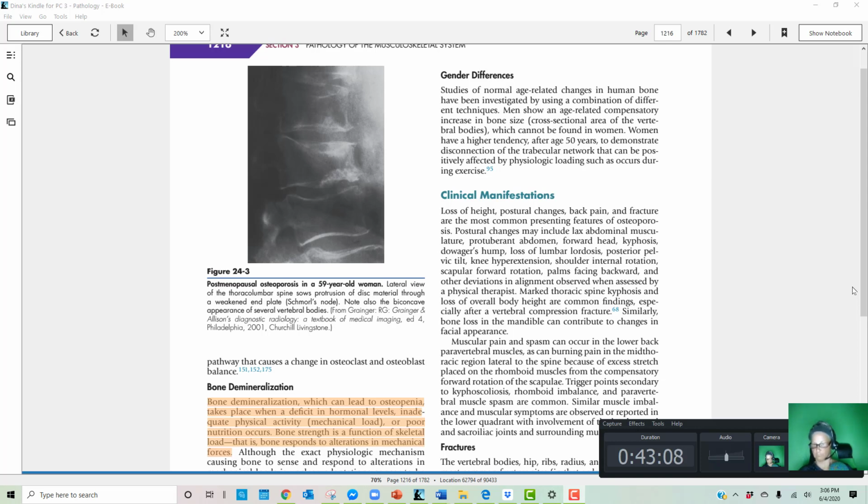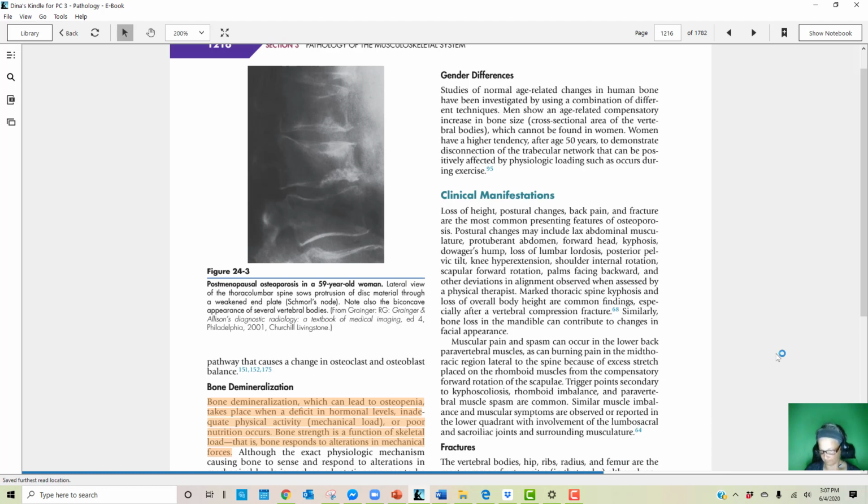Clinical manifestations. Loss of height, postural changes, back pain, and fracture are the most common presenting features of osteoporosis.